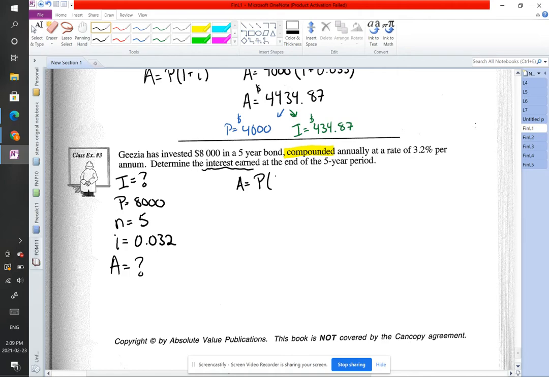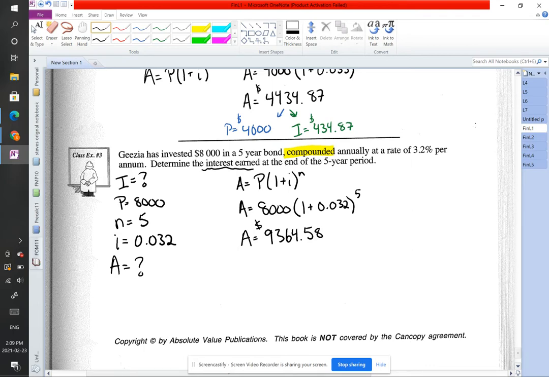And the formula is P times 1 plus I to the power of N. So now we can fill that in. $8,000, 1 plus our interest rate, 0.032, to the power of N, which is 5. So punch all that in, and we get a total value of $9,364.58.